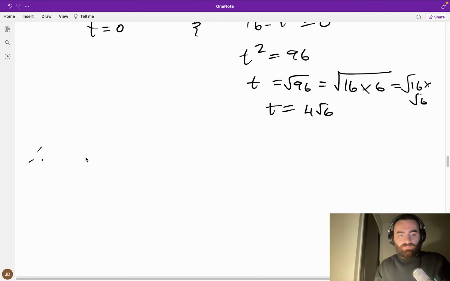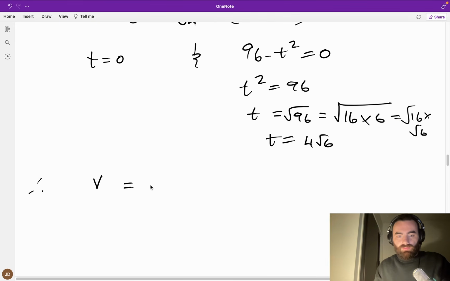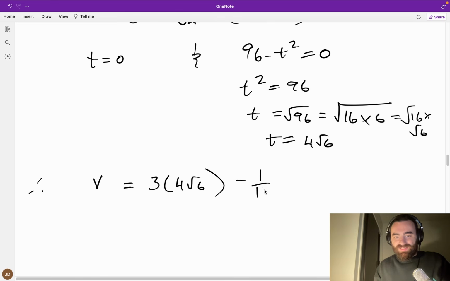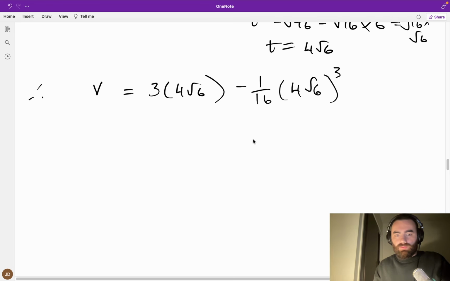So therefore, the velocity at time equals 4 square root 6 will be 3 times 4 square root 6 minus 1 over 16 of t cubed, which is 4 square root 6 cubed.